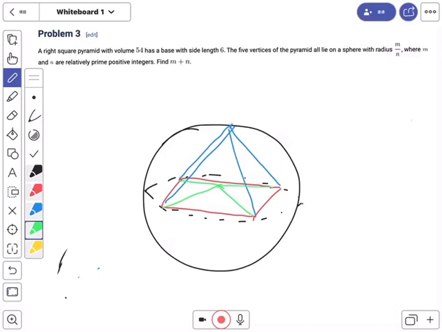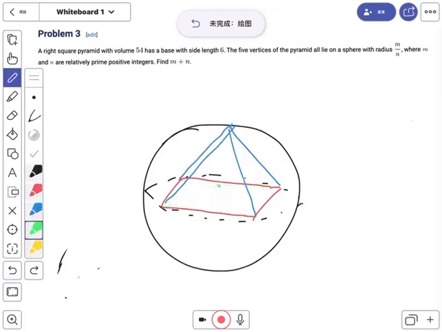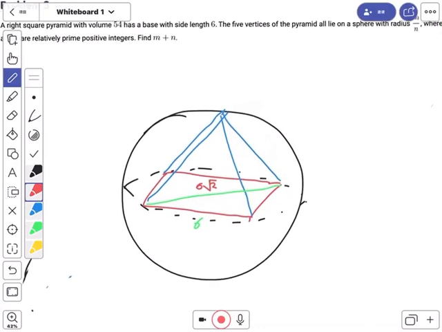Now, here's something that might be more powerful than you think. We're actually just going to make a cross section. This is 6. We're going to make a cross section with the base here actually. Well, now this length is just 6 times the square root of 2.